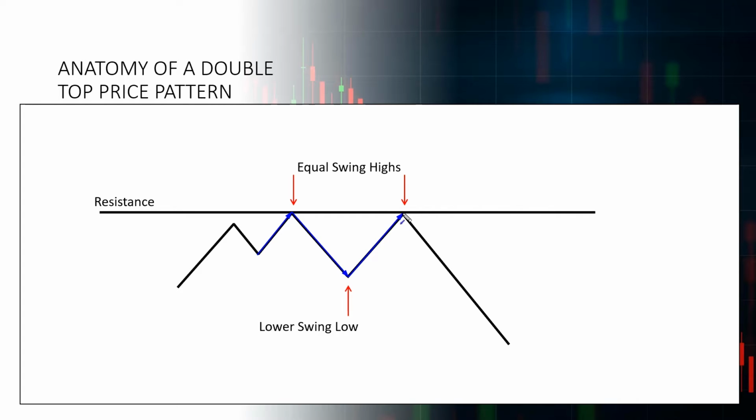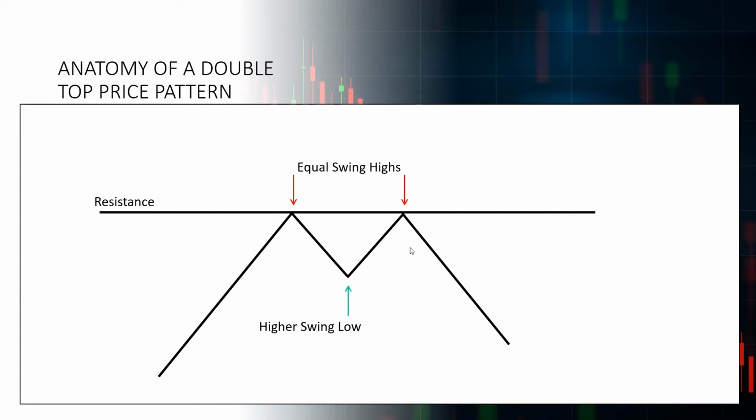So we end up with two equal swing highs. That's the double top just there, and then from that resistance level price declines strongly. So that's the perfect look of a double top, in that we have a lower swing low in between the two equal swing highs.